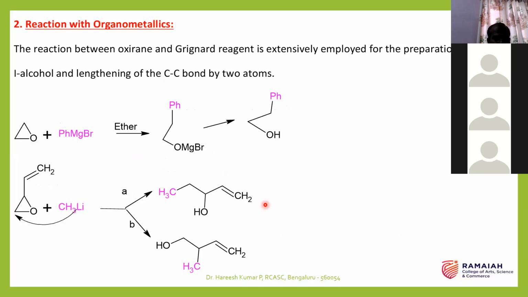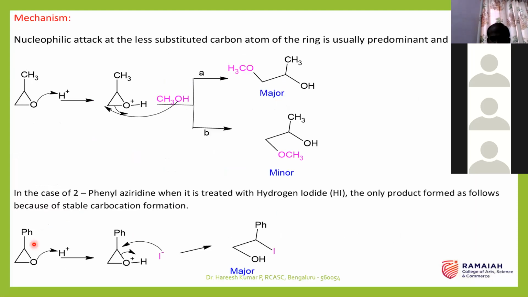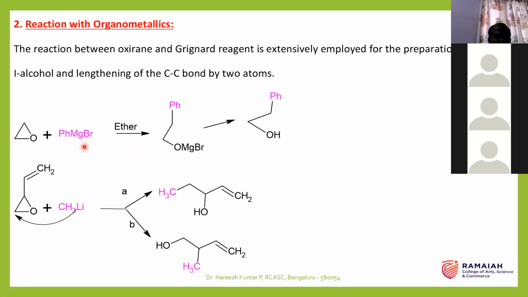This is phenyl epoxide. It is a symmetrical one, and only one product is obtained in the case of phenyl epoxide. And then the reaction with Grignard reagent. Here also, when the epoxide is treated with a Grignard reagent, a metal forms a bond with the organic compound.